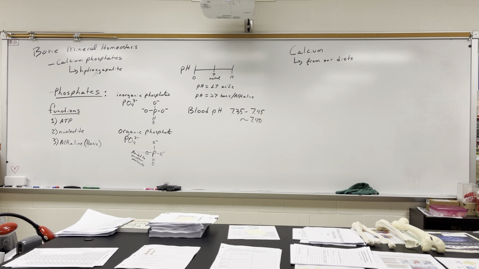Unfortunately, calcium coming from dairy foods doesn't have a high bioavailability. Does that make sense? So we're higher in bioavailability in dark leafy greens like kale, spinach, things of that nature.